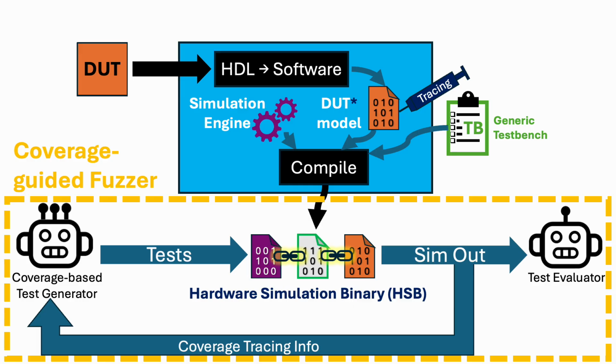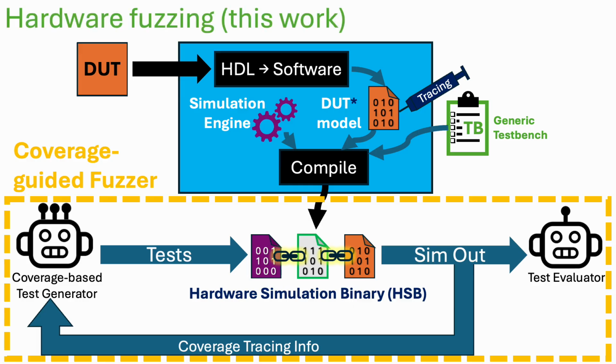And that's the key idea that we've been building to this whole time, where you can use a very mature and intelligent software-based coverage-based test generator, and you just plug in this hardware simulation binary, and you're able to do coverage analysis on this software-only side.